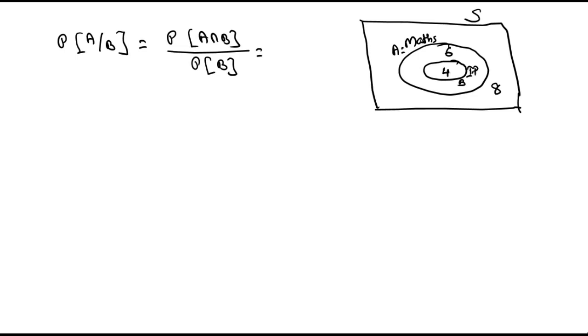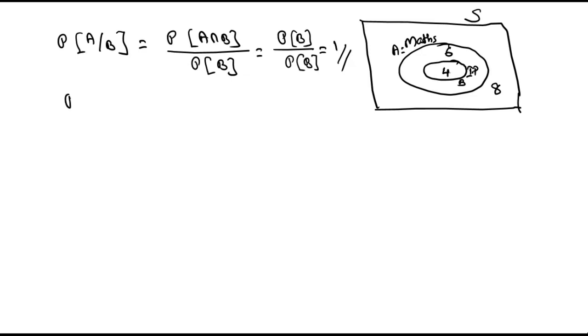Now from the figure, what is A intersection B? This set intersection this set, so that is your set B only. So that is probability of B divided by probability of B, which is equal to 1. So probability of A given B is coming as 1.